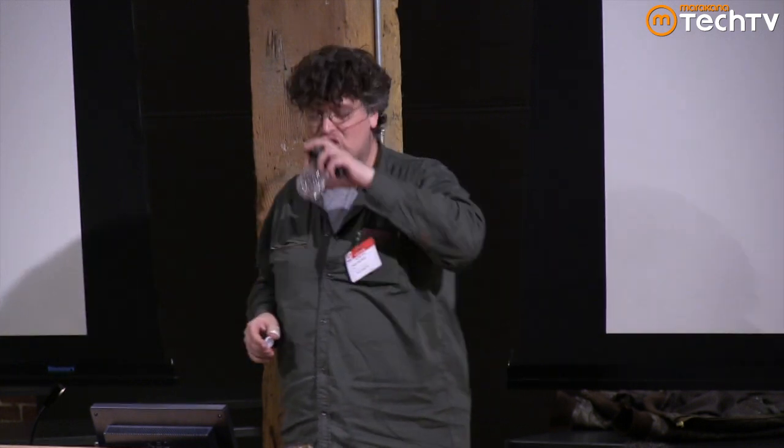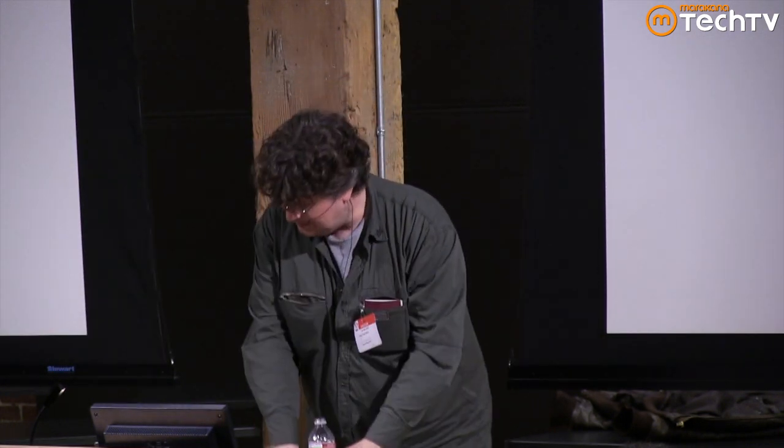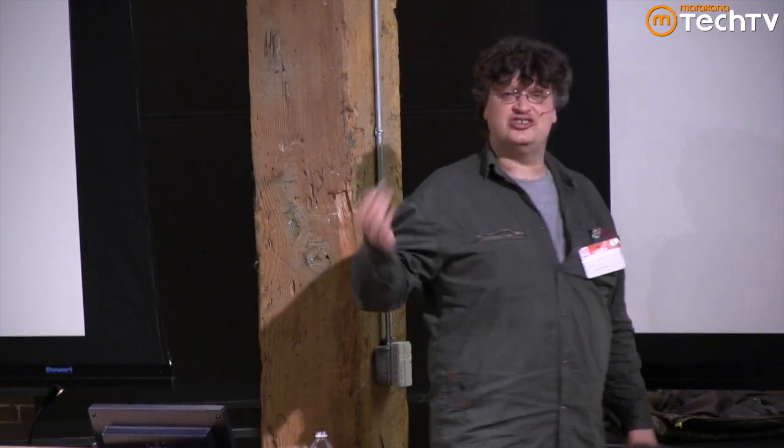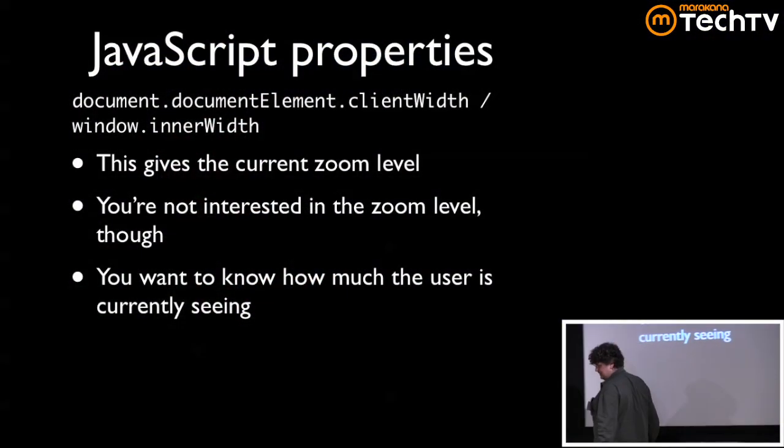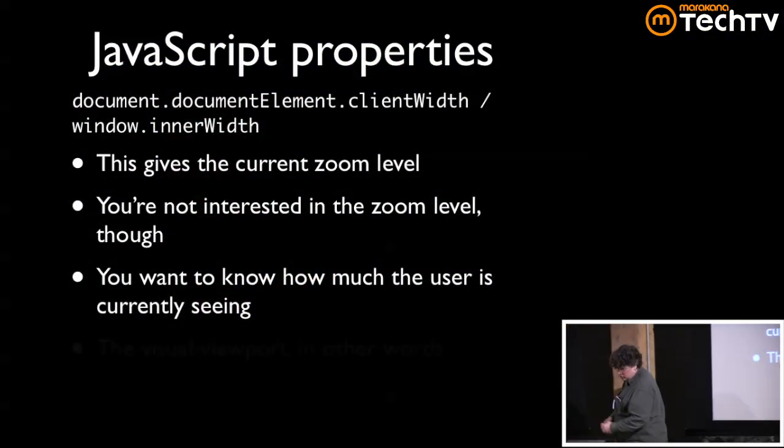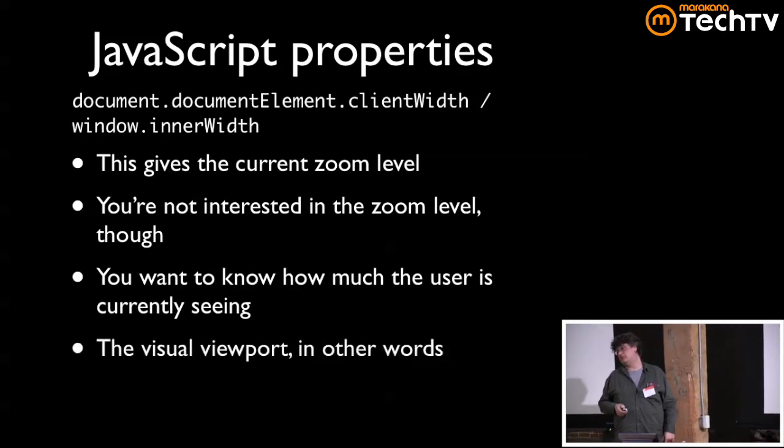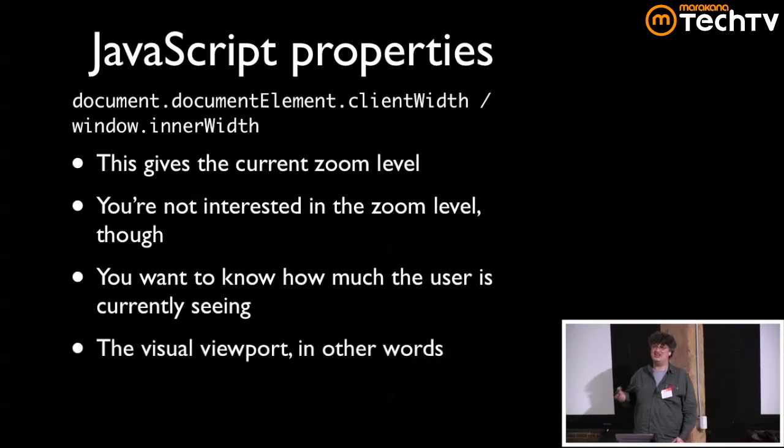Well, maybe for statistics and analytics, yeah, that could be. What you really want to know here is how much of the site the user is currently seeing, right? The size of the hole he's using to look at the painting. So basically you want to know the visual viewport width. Visual viewport width and height are by far the most important things you can read out when it comes to viewports.